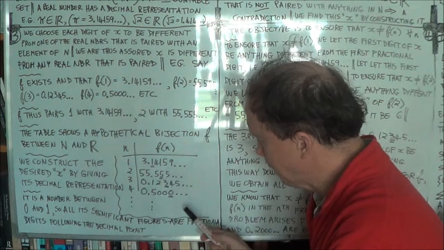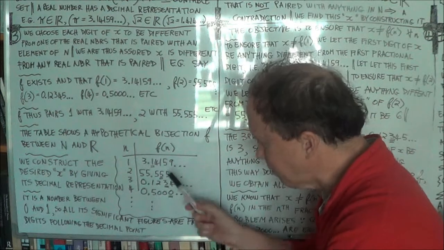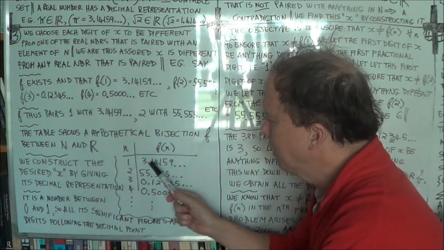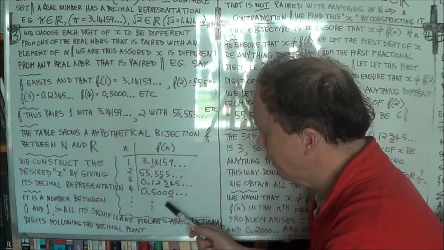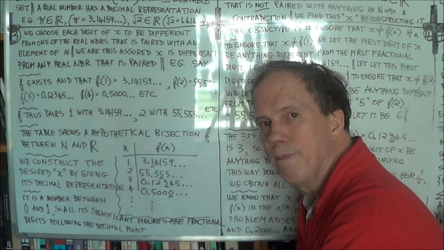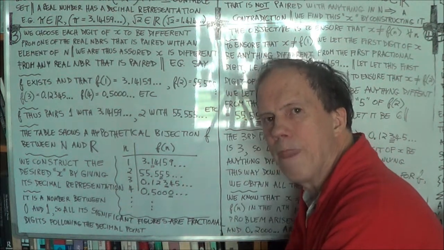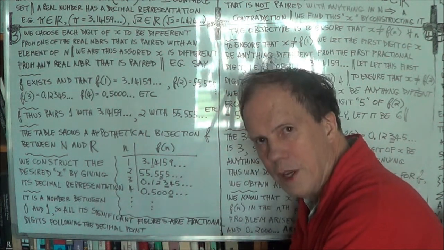And if you keep doing that infinitely, then your x will differ from all of these reals in this table. Okay? That's the essential idea. That's the core idea of this proof of the diagonalization method.